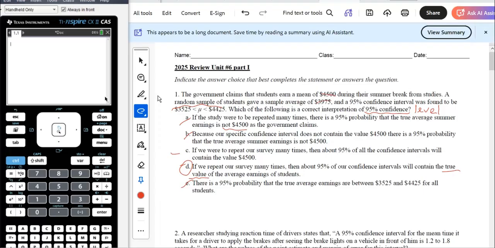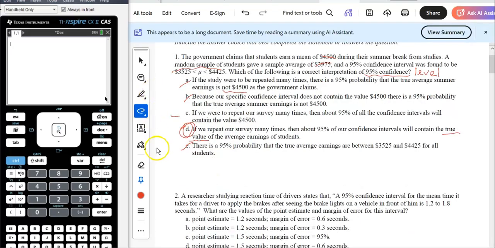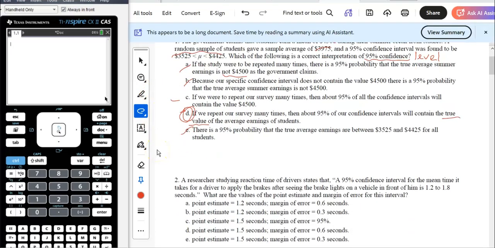All this information was extraneous, we didn't really need it. What is a 95% confidence level? You really don't need any of that information here. We're just talking about the true proportion. What's the chance of that happening if we took many samples and created many intervals? That's what it would be. C was really tempting, I thought.